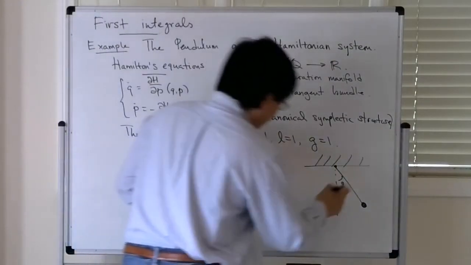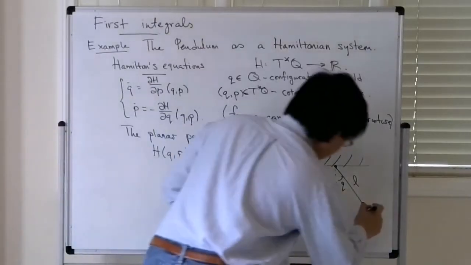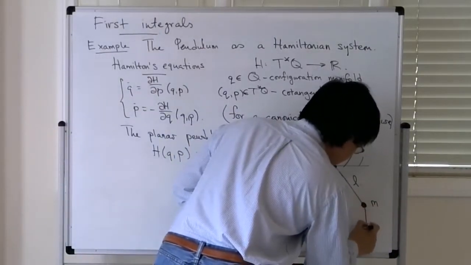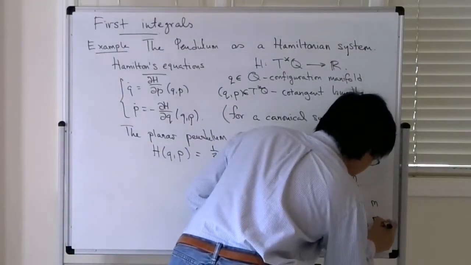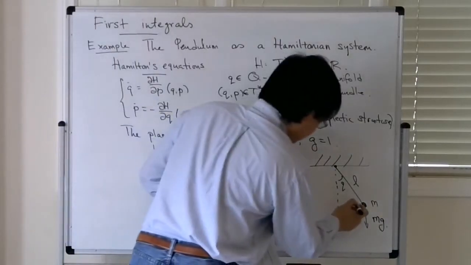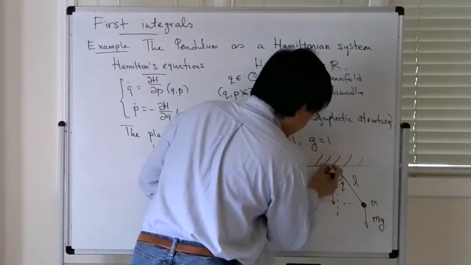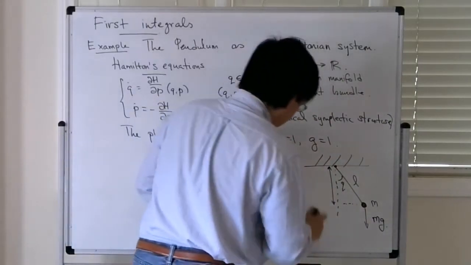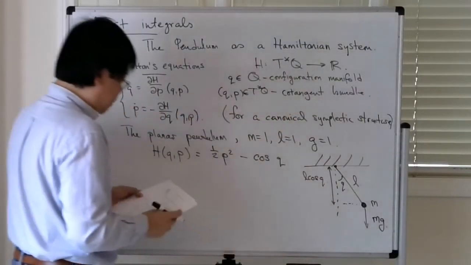L is the length of the pendulum, M is the mass, and then there is gravity acting on this, which is mass times gravity. And this length here is just L times cosine of Q.